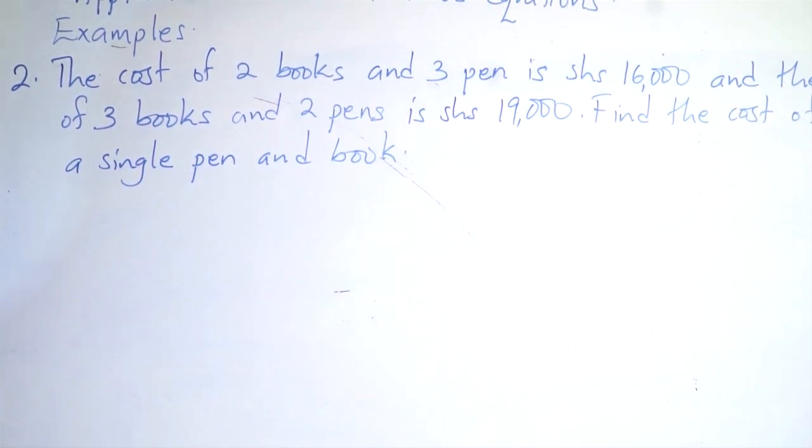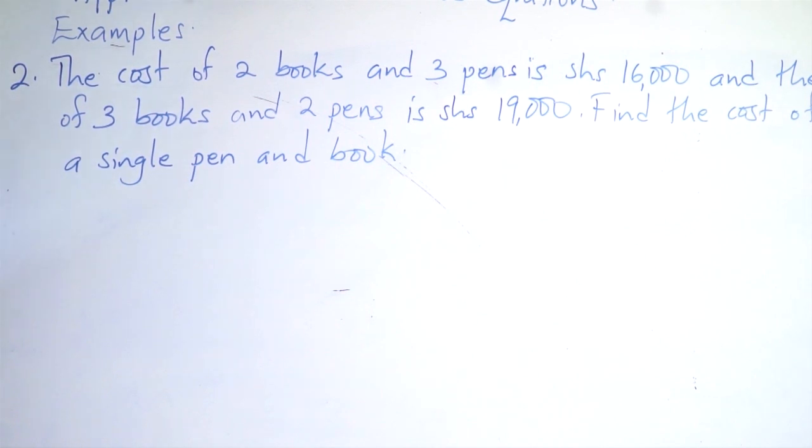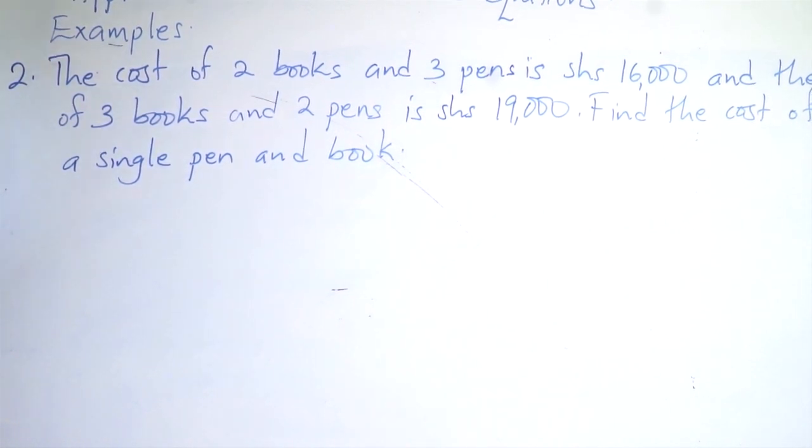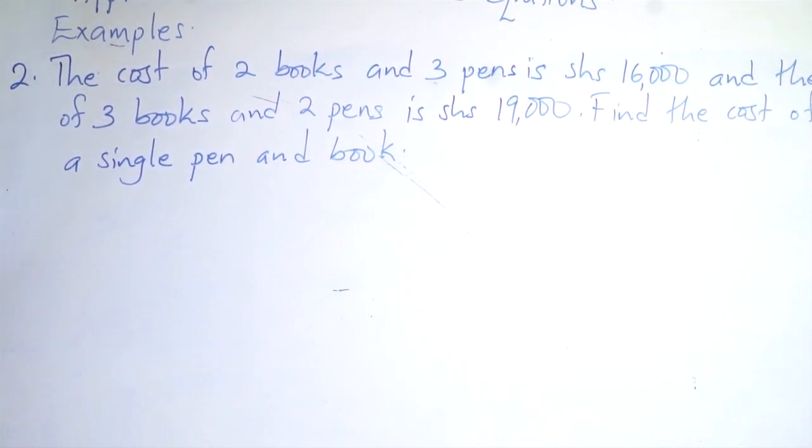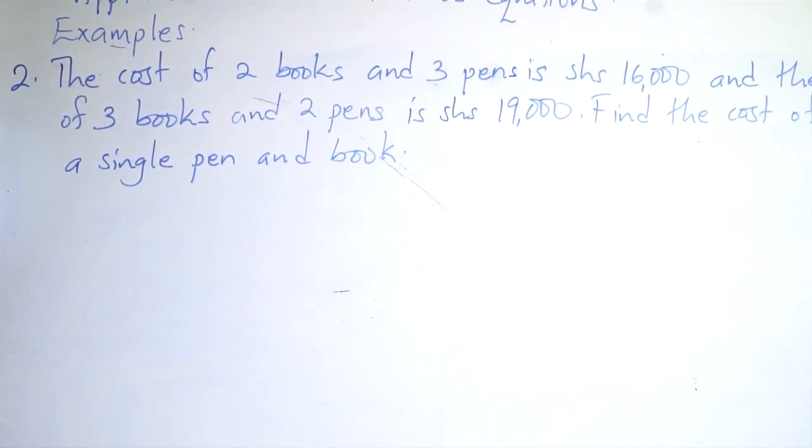Our example 2: the cost of 2 books and 3 pens is 16,000 shillings, and the cost of 3 books and 2 pens is 19,000 shillings. Find the cost of a single pen and a book.